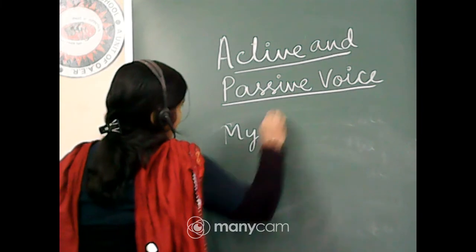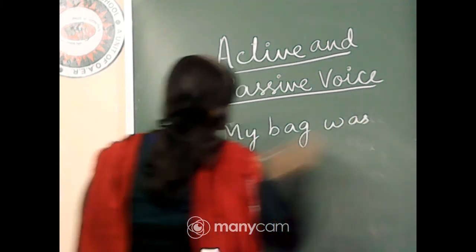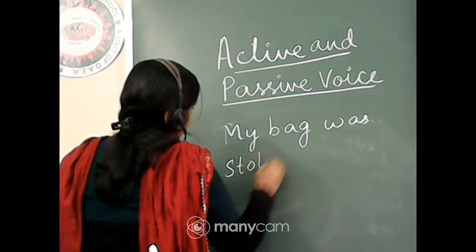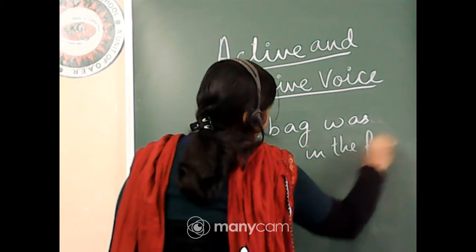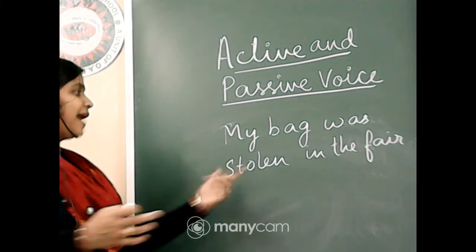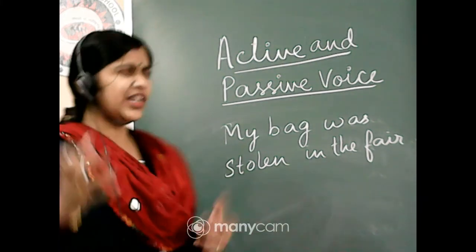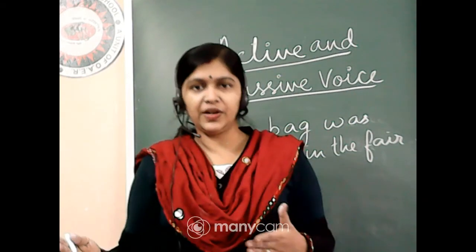My bag was stolen in the fair. So somebody stole my bag in the fair becomes my bag was stolen in the fair. We generally do not add by somebody because it is not required.